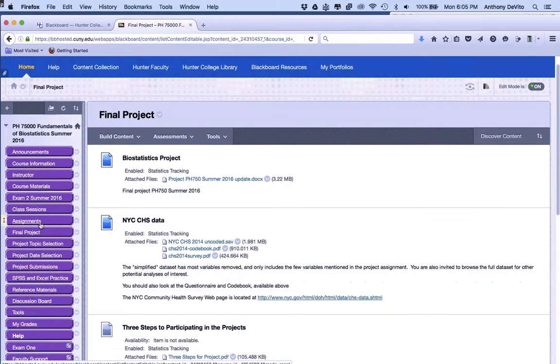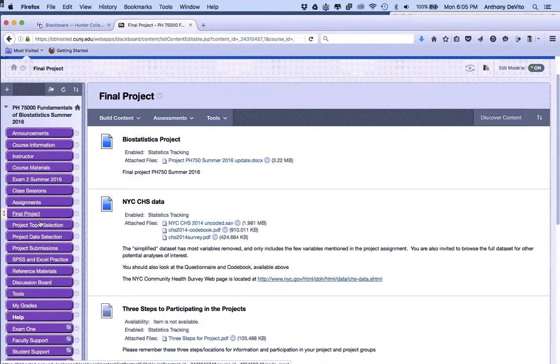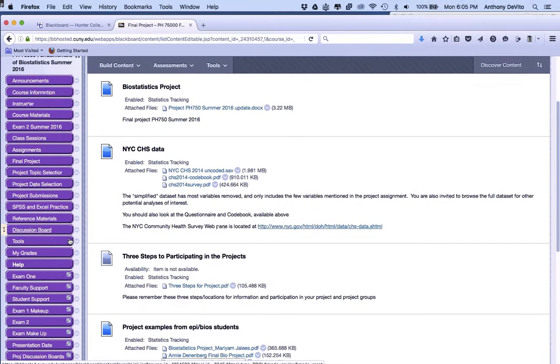Okay, so the next tab that you see here, beyond final project, is final project selection. I won't click into that. Some of you have already uploaded information to that. That's where you told me which of the 3, or if you were doing something that didn't involve those variables and you wanted to branch off into something else, that's the place where you had the opportunity to tell me about that.